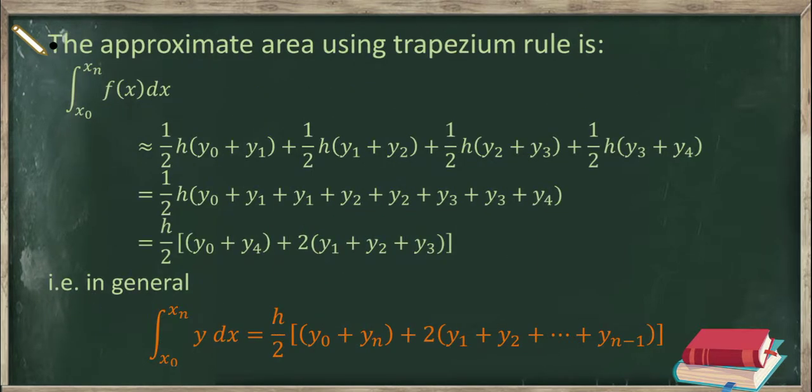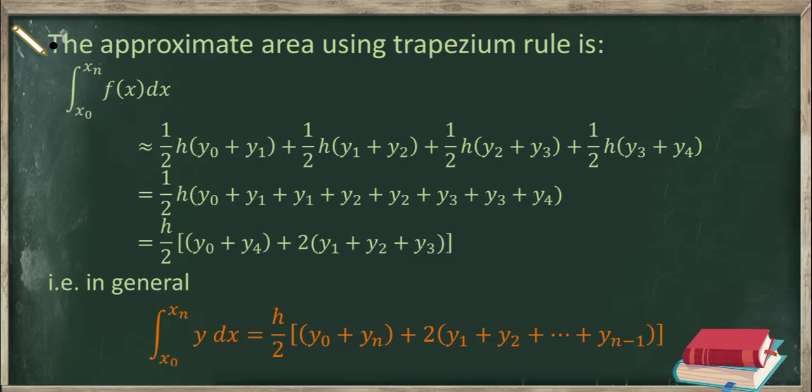The approximate area using the trapezium rule is integration x0 to xn f of x dx equal to 1 by 2 h into y0 plus y1, plus 1 by 2 h into y1 plus y2, plus 1 by 2 h into y2 plus y3, plus 1 by 2 h into y3 plus y4.